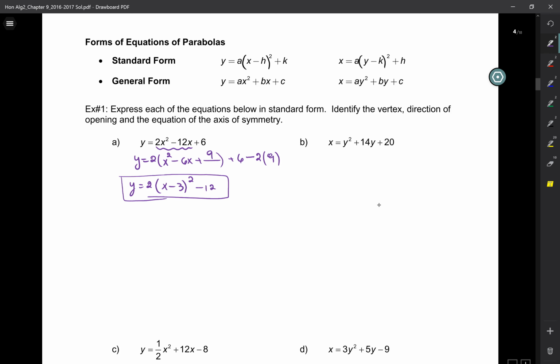Now, it says identify the vertex. So the vertex is this number and that number, but it's going to be positive 3 and negative 12. What else do we need here? The direction of the opening. If it's x squared, it opens vertically, and if it's positive x squared, it opens up.